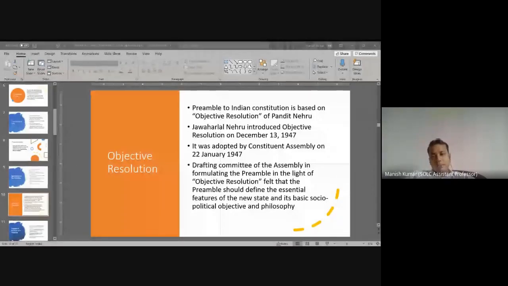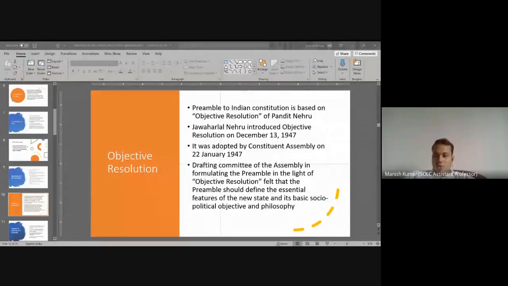They gave their preference to the term sovereign democratic republic in place of sovereign independent India as used in the Objective Resolution, as independence is implicit in the word sovereign. The committee added the word fraternity, which was not uttered in the Objective Resolution.